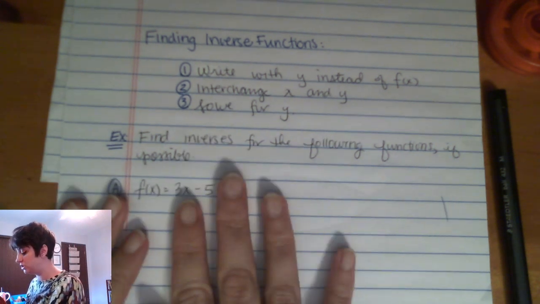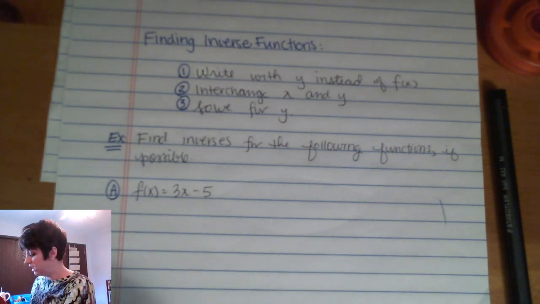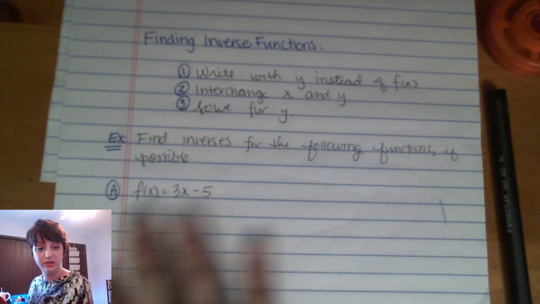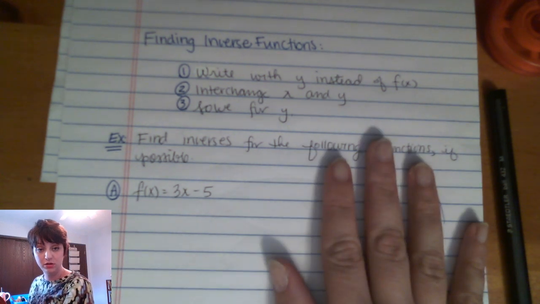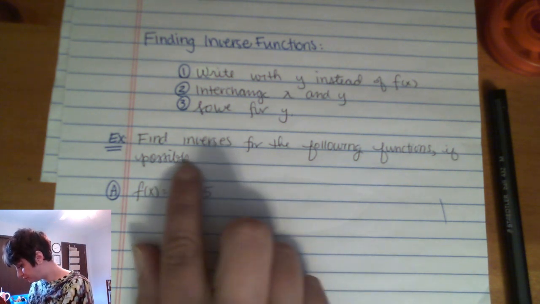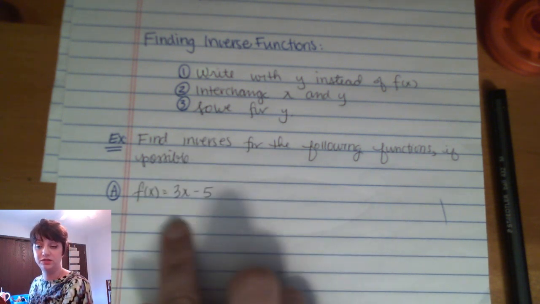So with this function, you plug in a number and you turn the function crank, and the machine is going to multiply by 3, subtract 5, and then spit out your number, right? So whatever my inverse is, I would like it to undo those operations. Now, this is a line with positive slope and a y-intercept of (0, -5).